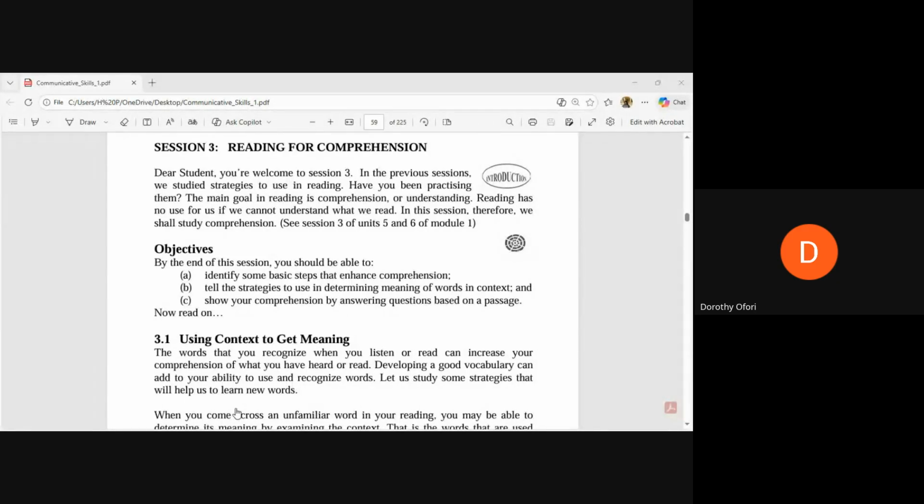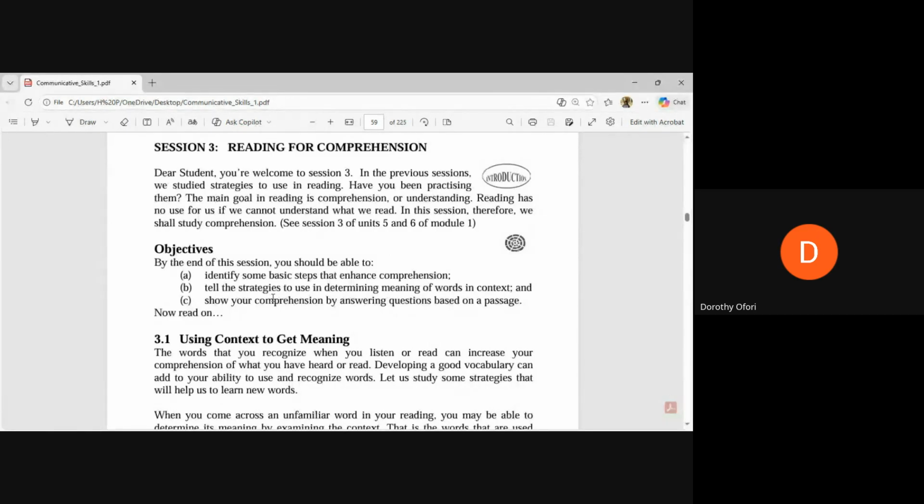If there are no questions, I think we should move on because we do not have time. Now let's go to another one. Reading for comprehension. We already know reading. Comprehension means understanding. So that is why sometimes we say reading and comprehension, because we read, we comprehend. We read, we understand.